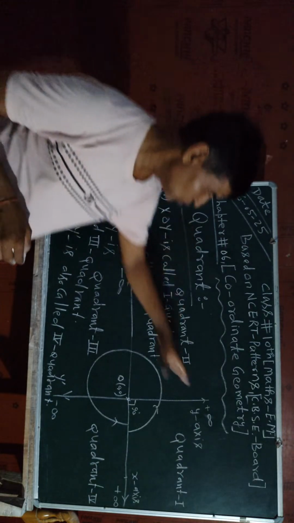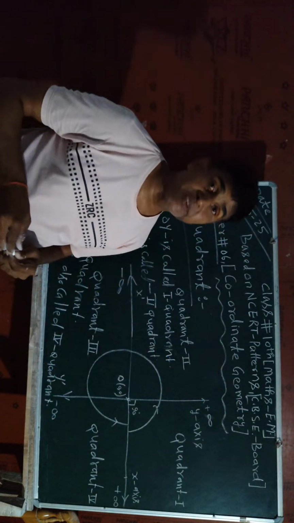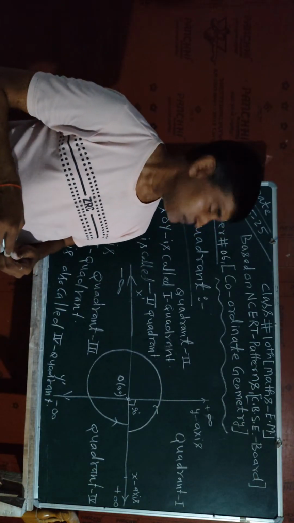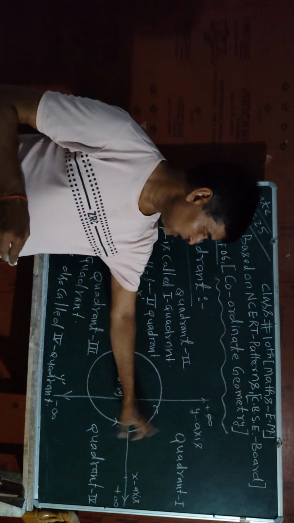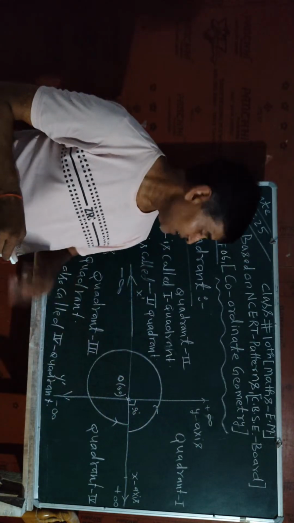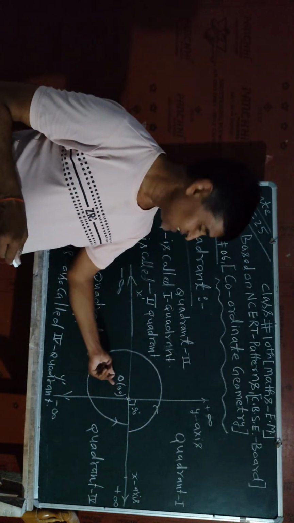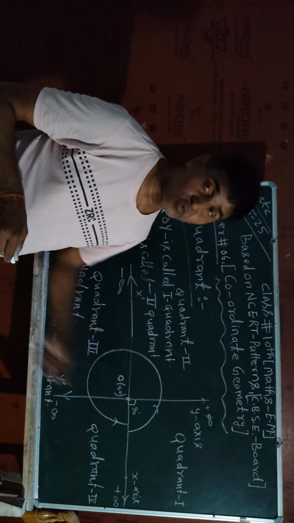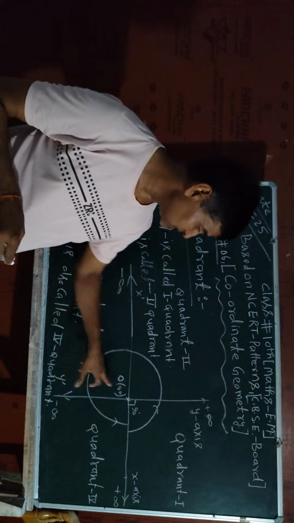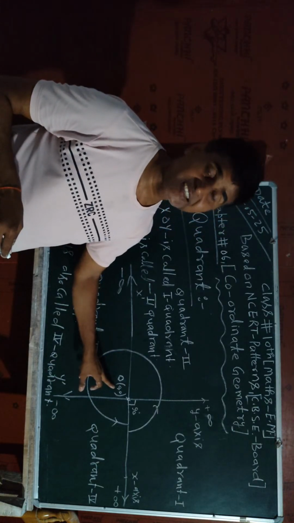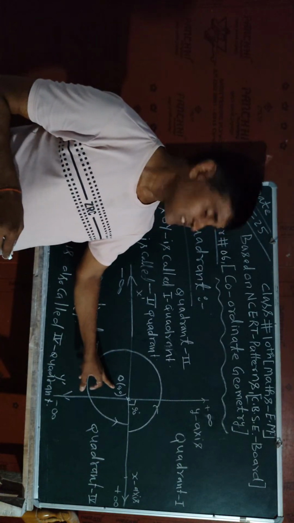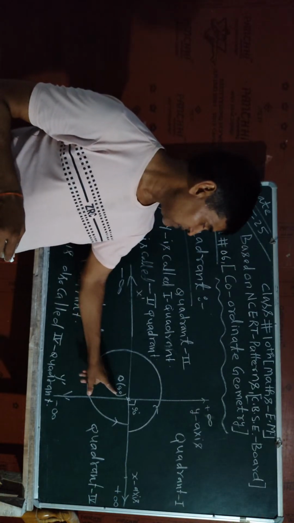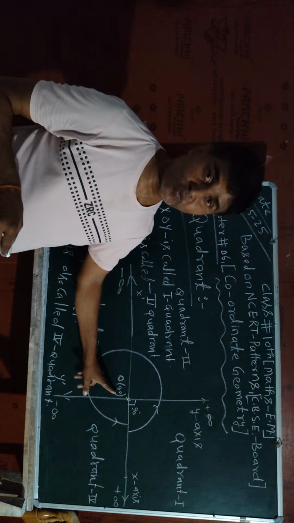Okay, student, now I have explained about the quadrants. Both lines I have taken such that they are perpendicular to each other. It means that between the two lines we get 90 degrees, and the intersection point is the origin, and the coordinates of that intersection point are 0, 0. The first value is the x coordinate, and the second value is the y coordinate.